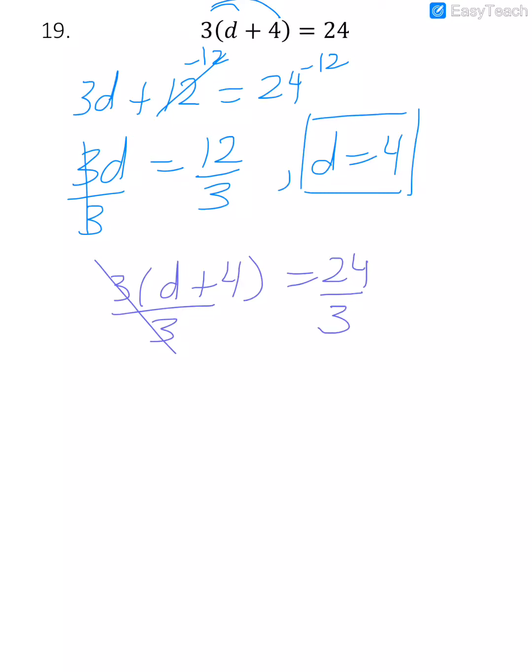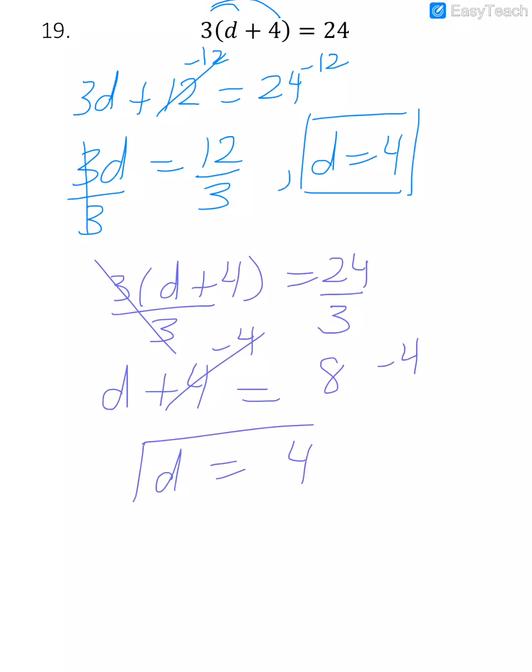So I'll do this, and I'll get d plus 4 equals 12, and then my last step is minus 4 to both sides, and my apologies, 24 divided by 3 is actually 8. So now I get d equals 4. So we get this same thing.